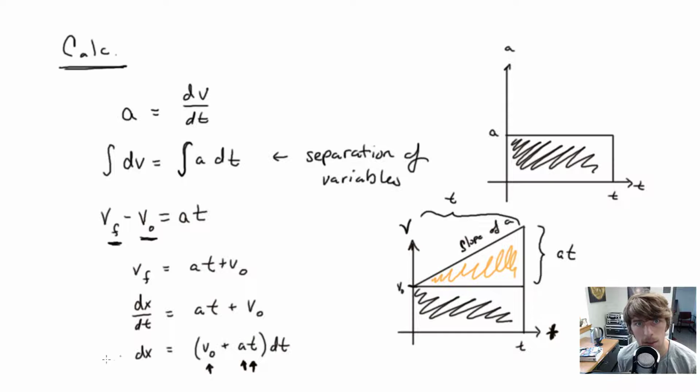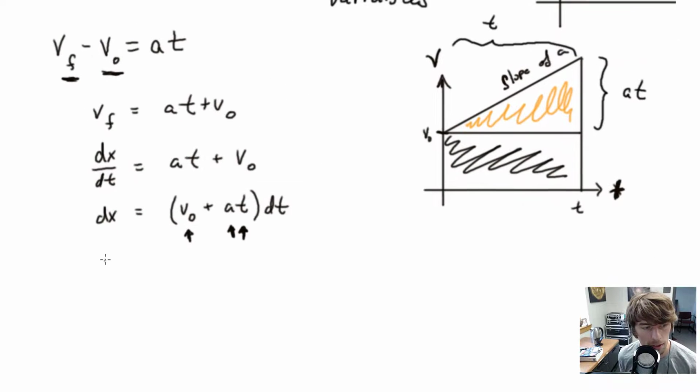That's exactly what the integral will give you here. You'll get something that says x final minus x initial is equal to v naught times t, that's the area of the rectangle, plus 1/2 at squared. And that should look familiar. This is delta x, v naught t, 1/2 at squared.